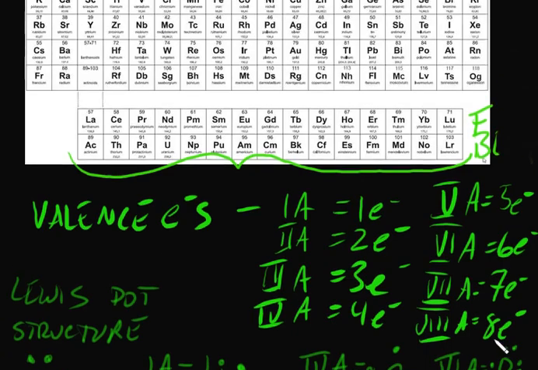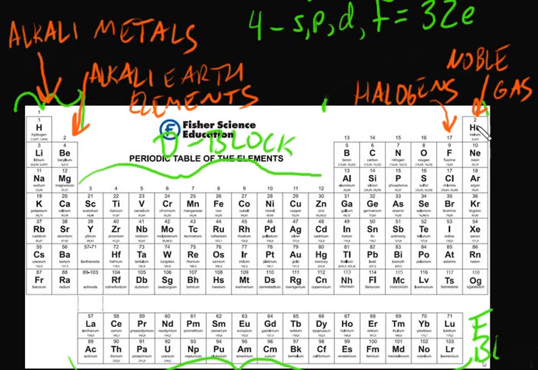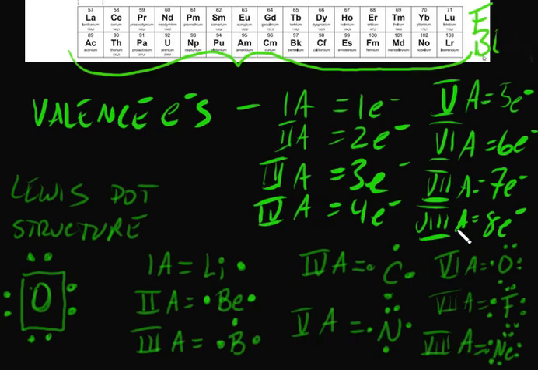The only exception is helium. Remember, helium is in period 1, so level 1 of the electron shells can only hold 2 electrons. I'll put it right next to the Lewis dot structure. Helium will have the 2 dots on the one side because that first level electron shell can only hold 2 electrons. So hopefully this helps clear up some of these things. And if it doesn't, please get in touch with me so that I can clear things up for you.